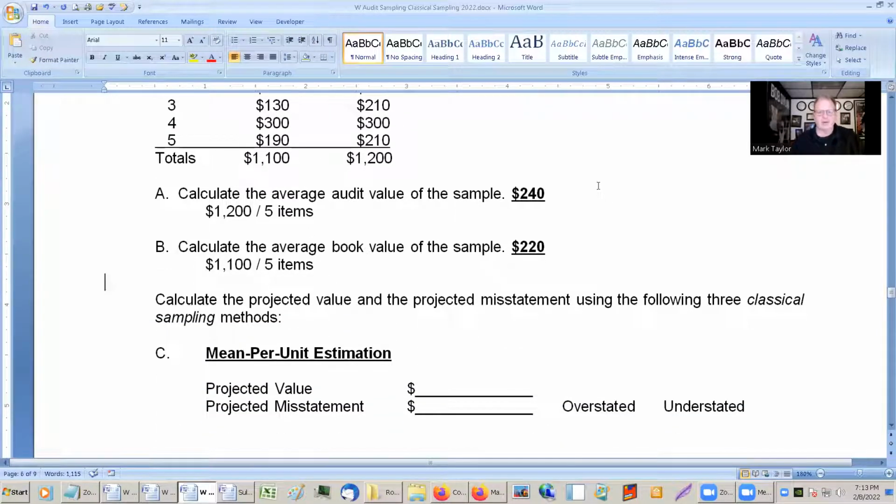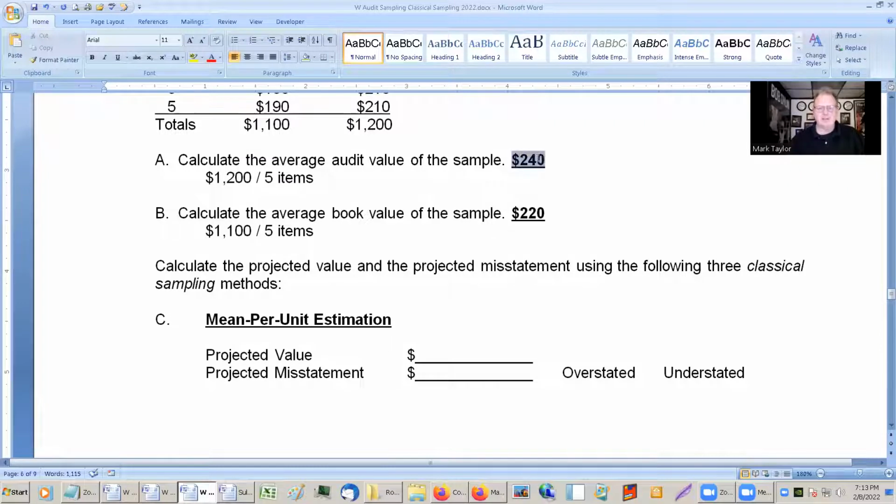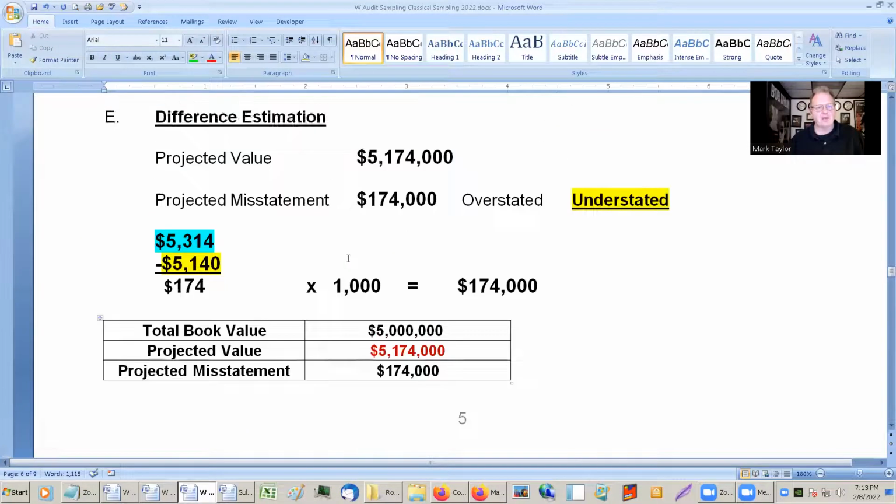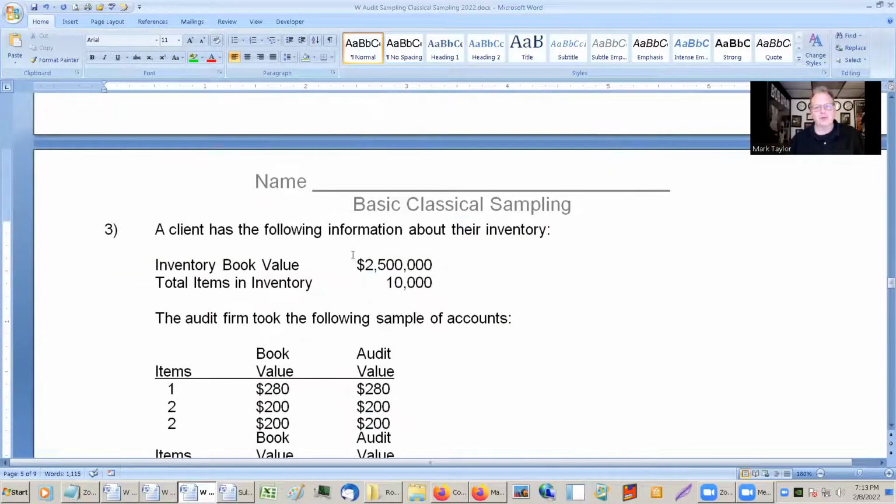Okay, and then like we did before, we're going to take these values and project them over the entire population.